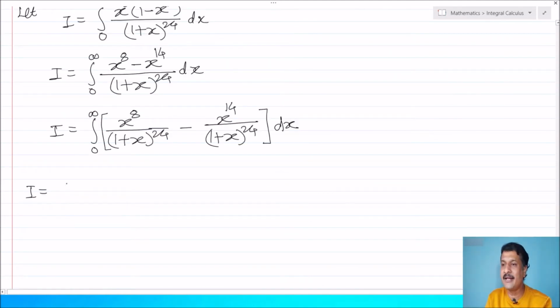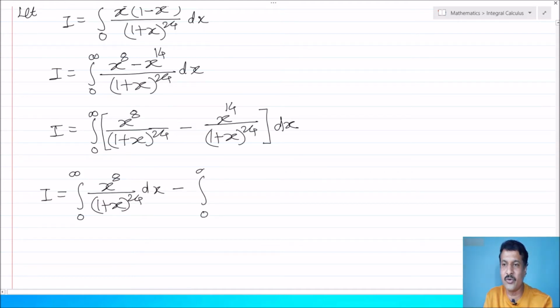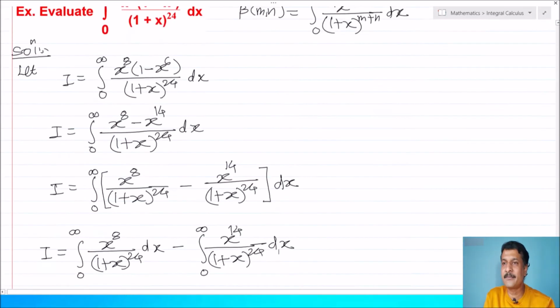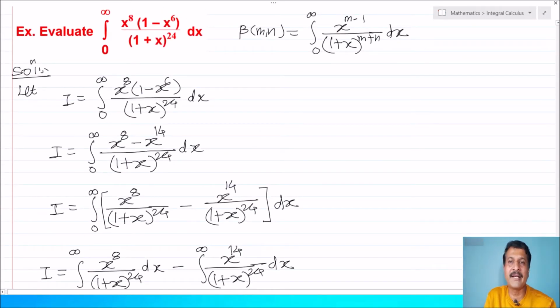So by properties of definite integral, I can separate it. I equal to integration 0 to infinity x raised to 8 upon (1 plus x) raised to 24 into dx minus integration 0 to infinity x raised to 14 upon (1 plus x) raised to 24 into dx. You can see here the definition of beta function.